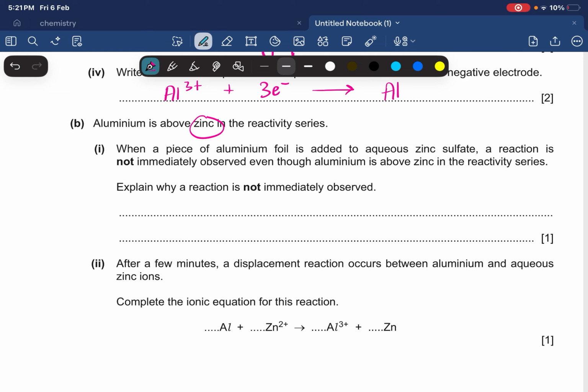When a piece of aluminum foil is added to aqueous zinc sulfate, a reaction is not immediately observed even though aluminum is above zinc in the reactivity series. Explain why.